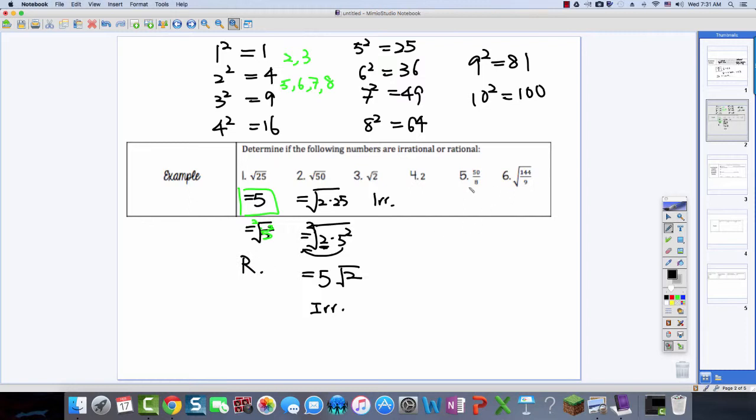This one is rational. And 2 is not a root. 2 obviously is rational. It's a real number. 5 over 8 is in the form of A over B, and therefore this is rational. And this one is a little harder, but notice we can rewrite this into 12 squared over 3 squared.